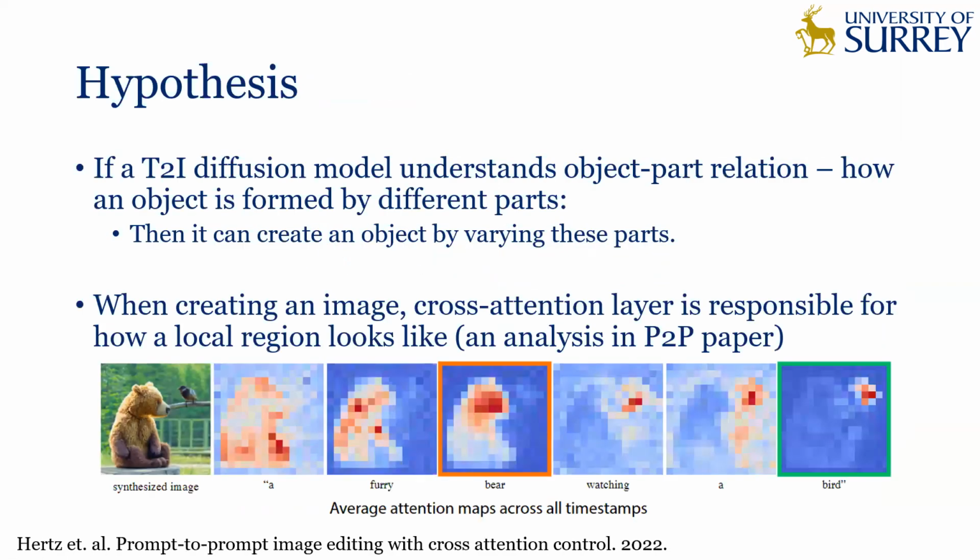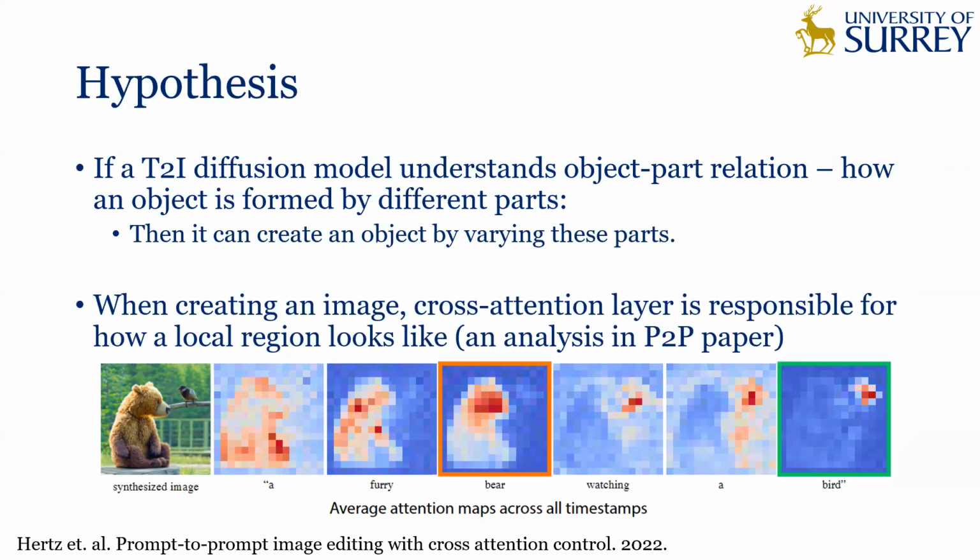Next, I am going to discuss the methodology. Our hypothesis is that if a text-to-image diffusion model understands object-part relation, which means it understands how an object is formed by different parts, then it should be able to create an object by varying these parts.